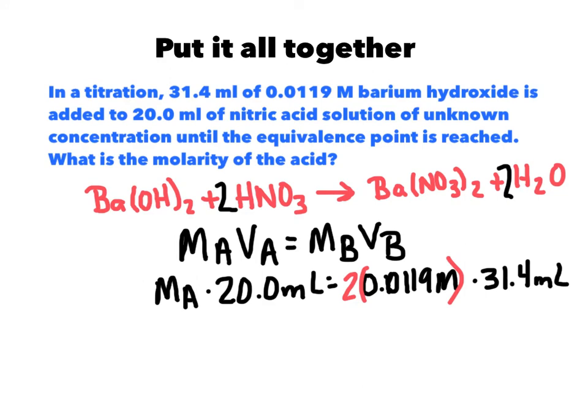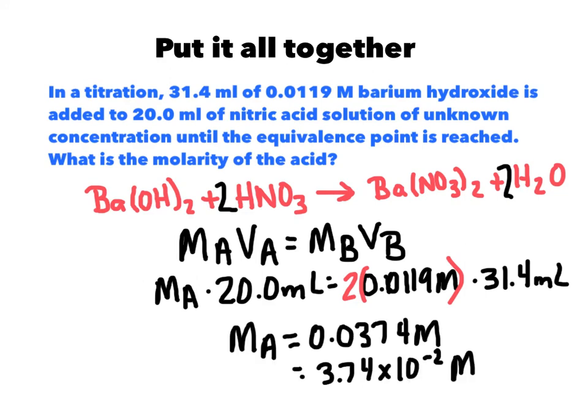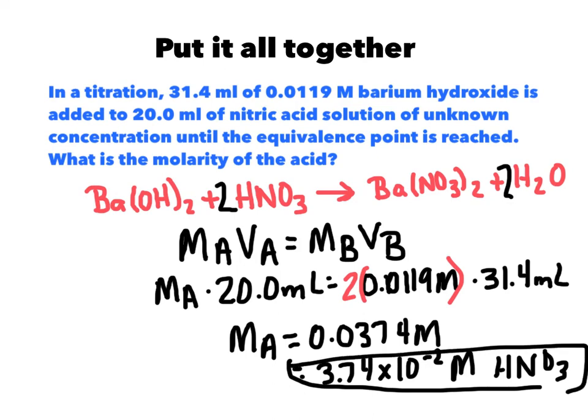So I just solved for MA. And the answer I ended up getting was 0.0374 molar, or 3.74 times 10 to the minus second molar, and that is going to be HNO3, because that is nitric acid. And that would be your answer.